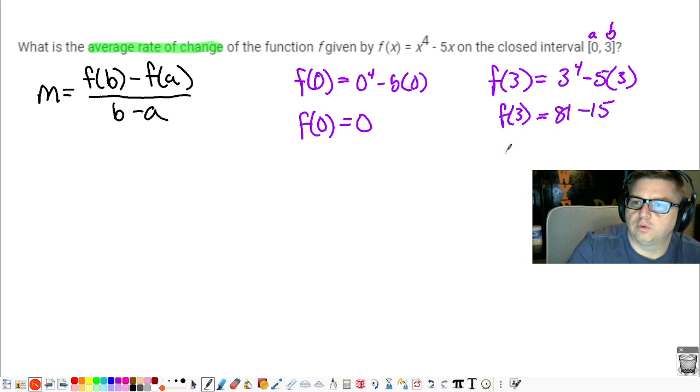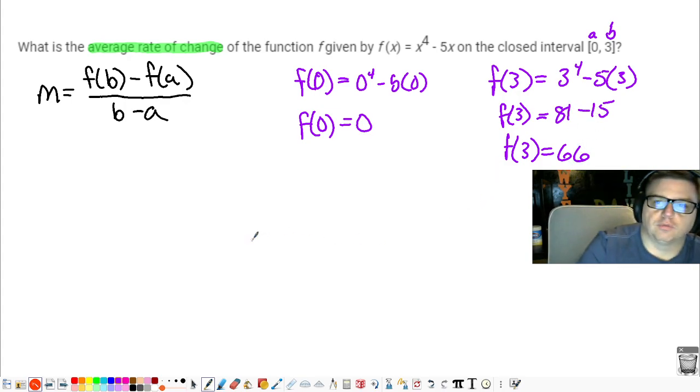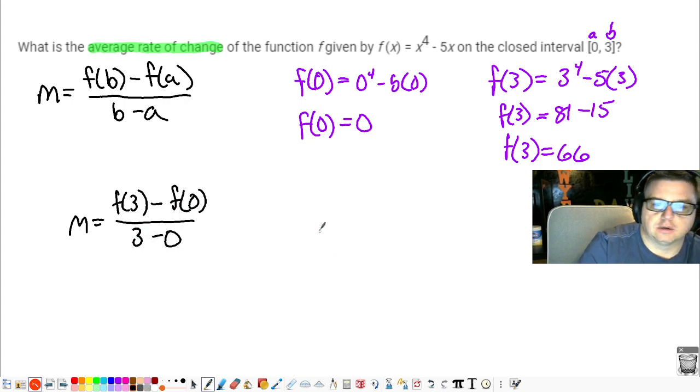So f of 3 becomes 66. Okay. I like it. If everyone else is on board, hopefully I didn't screw that up. If I did, you can fix it. So f of 3 minus f of 0 over 3 take away 0.